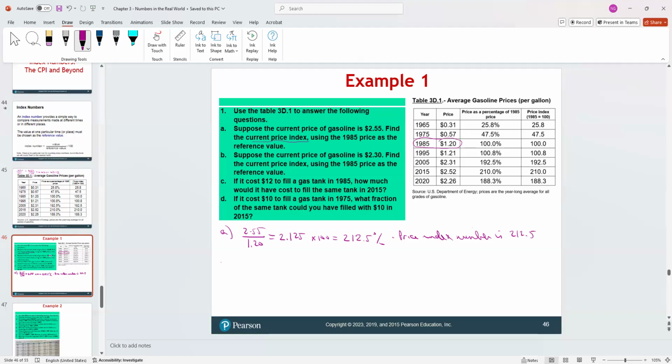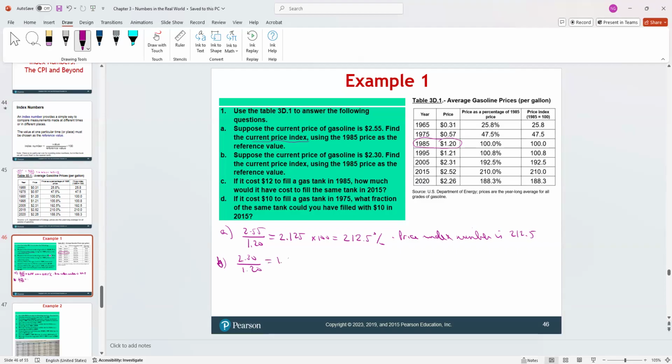Now, I can go with a second example very quickly. Let's go with B. For B, they said, suppose the current price of gasoline is $2.30, right? The current price index using 1985. Again, you can do the same for B: 2.30 over 1.20.